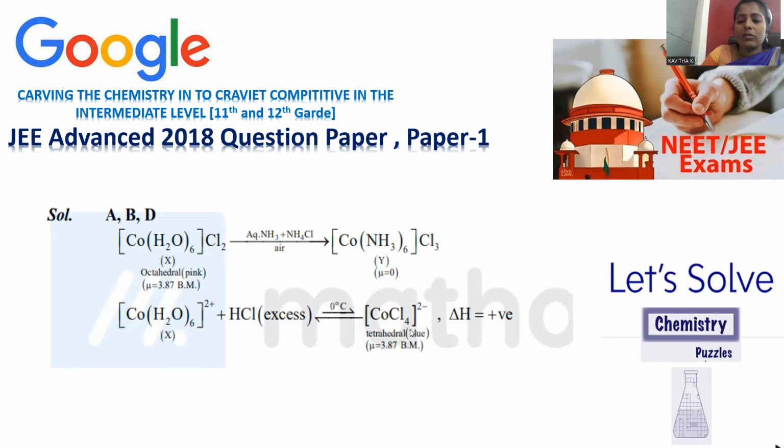The cobalt tetrachloride complex will be formed; it is tetrahedral, and its color will be blue. Here you can notice the mu value as 3.87 Bohr magnetons, it being a tetrahedral complex with sp3 hybridization. You can find 3 unpaired electrons, so 3.87 Bohr magnetons is formed.